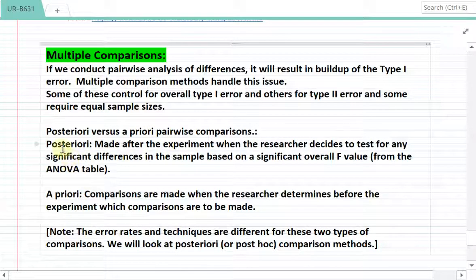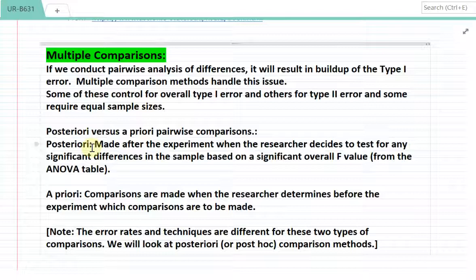In a posteriori comparisons, you make the comparisons after you reject the null hypothesis in the ANOVA, after the experiment is concluded. You decide to test these significant differences, just like the ones we are about to do with the machines. The ones we do in this course are all a posteriori.